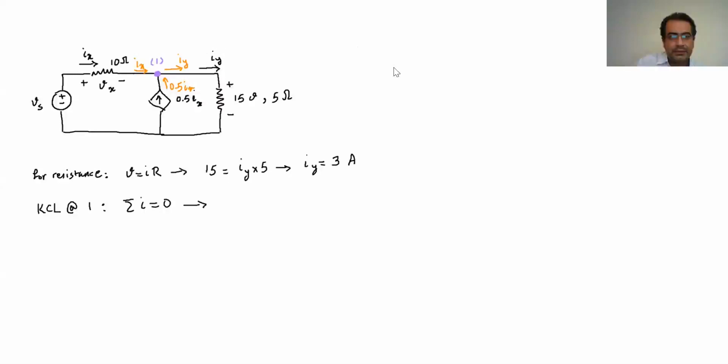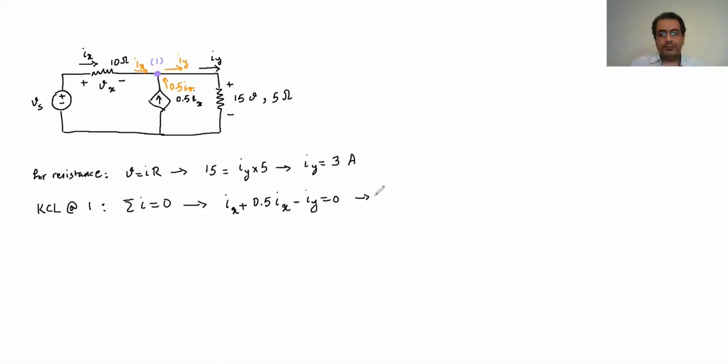So I would say the Ix going in is positive, the half of Ix going in is also positive, and the Iy leaving is negative. Again, this is the way I choose to use it: anything that enters, I consider positive; anything that leaves, I consider negative.